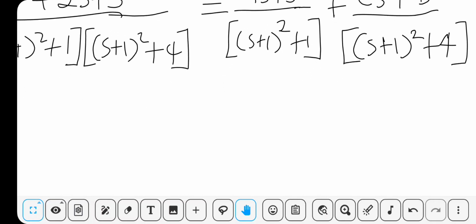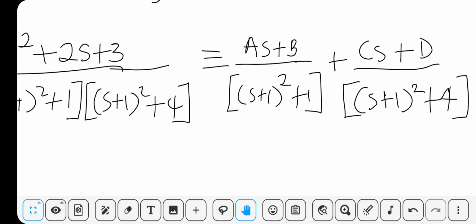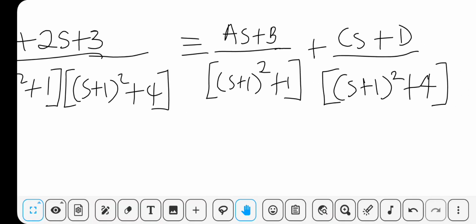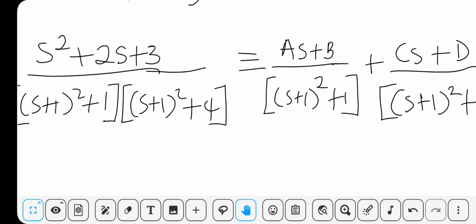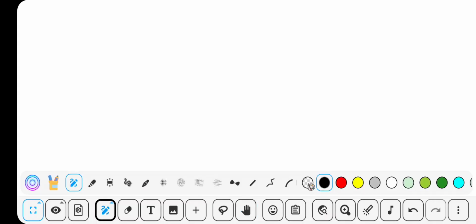Now we need to add the right hand side of the equation using the method of equating coefficients to find the partial fraction of this. So adding it, the denominators will cancel out.